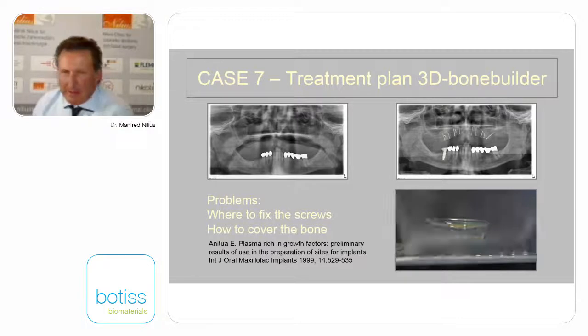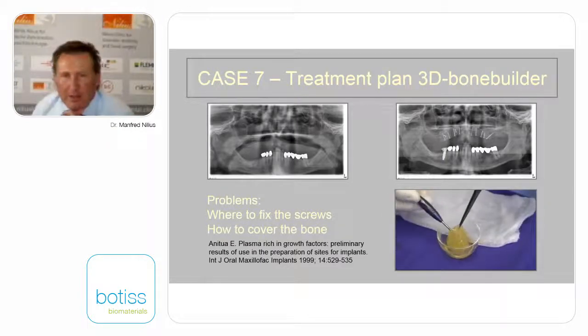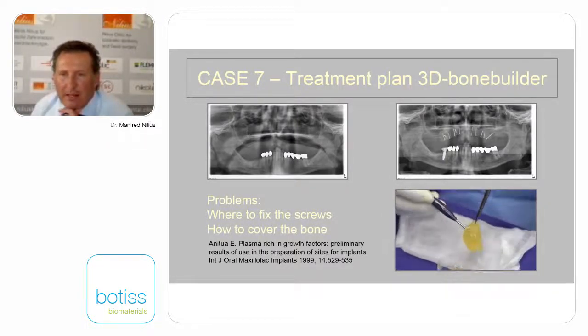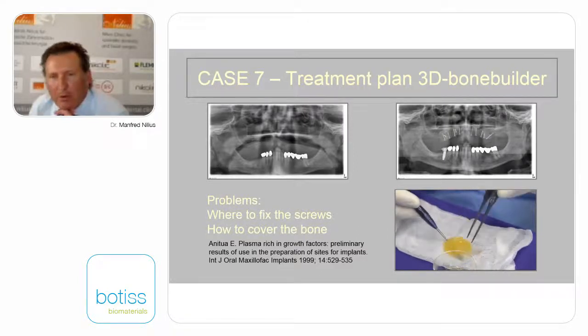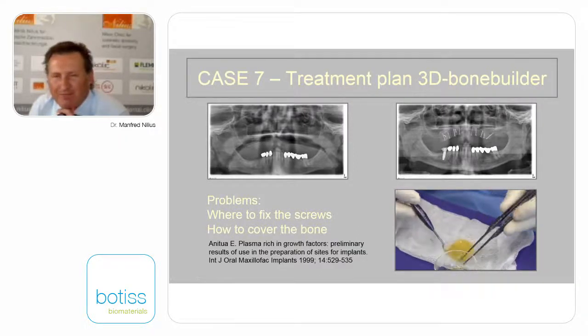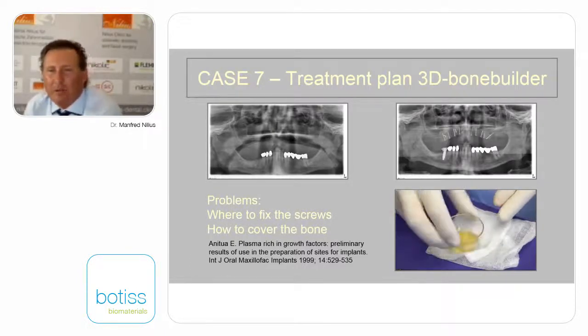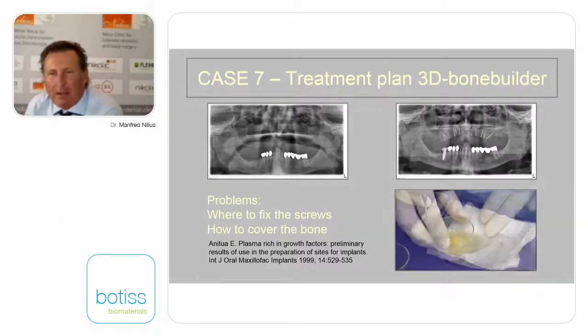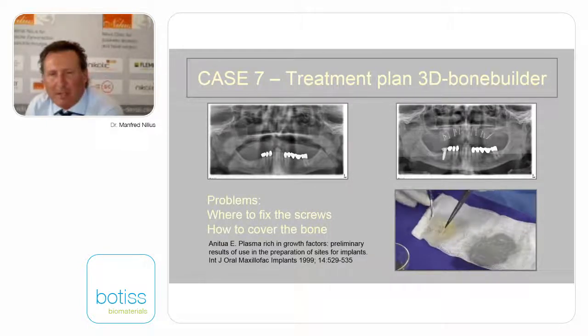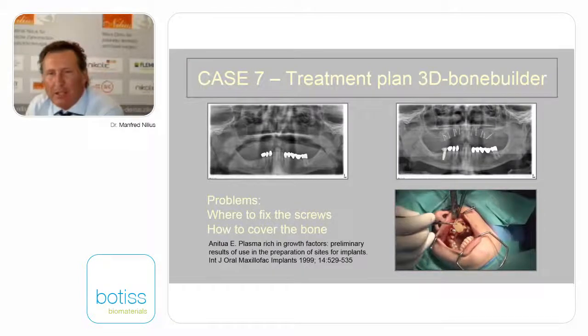And in this special case, we only used the fibrin membrane to cover all the bones, but it's stable for 3 or 4 weeks. After this, it's not safe because it's resorbing, and then you cannot use it.